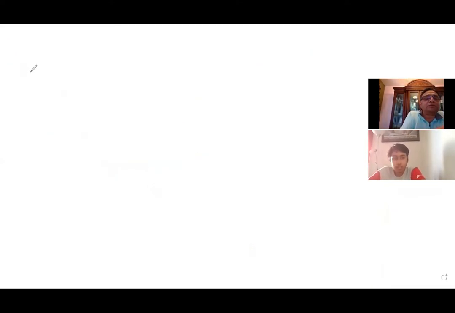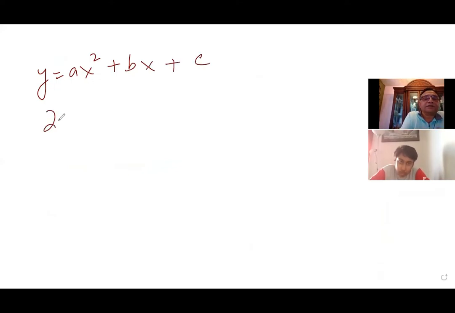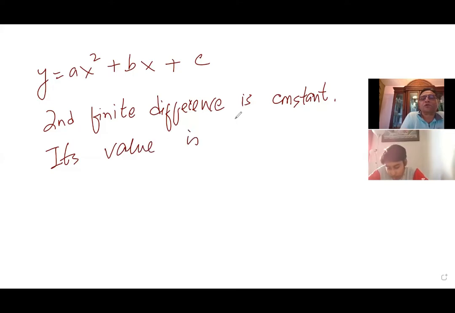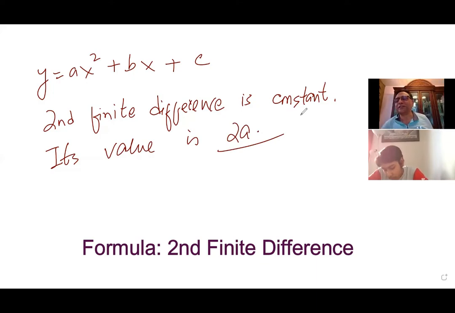So we found that if I have the equation y equals ax squared plus bx plus c, in that case the second finite difference is constant, and its value is 2a. 2 times a. Do you get the idea?